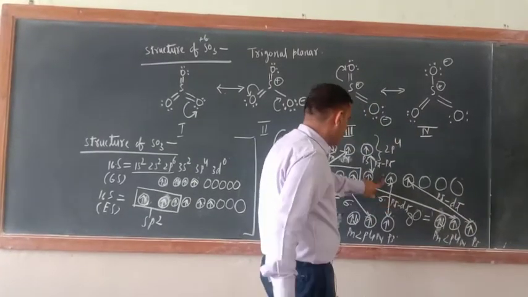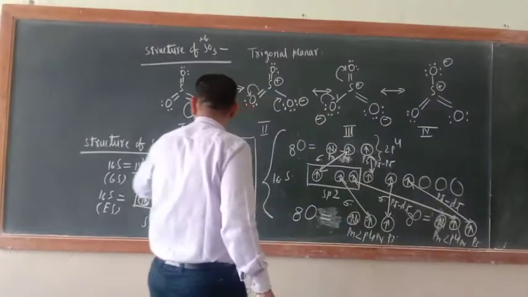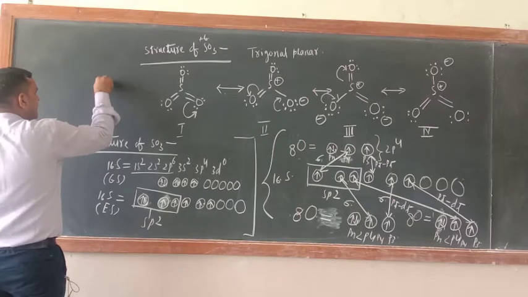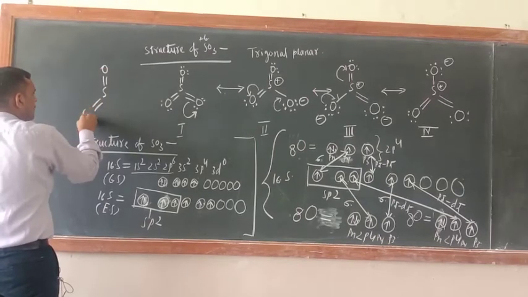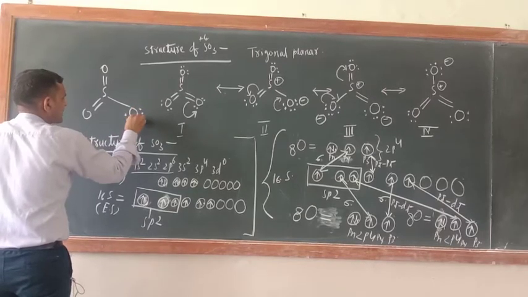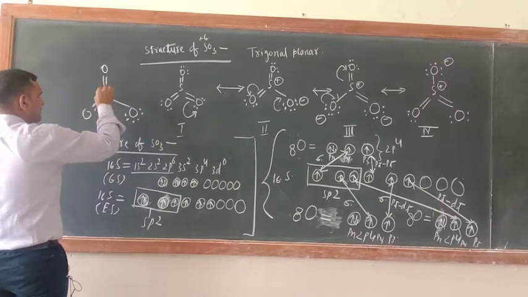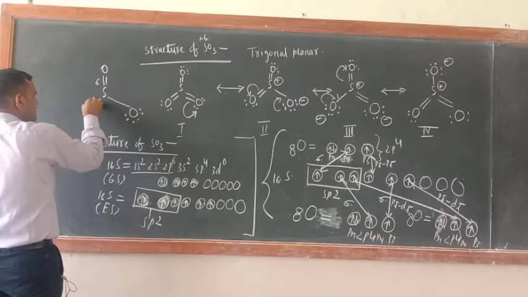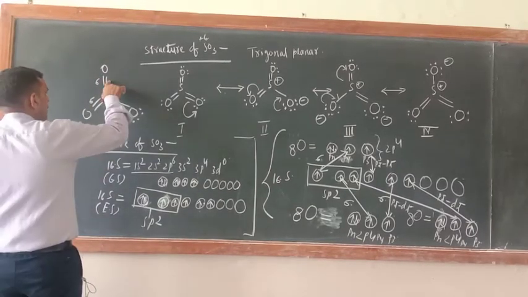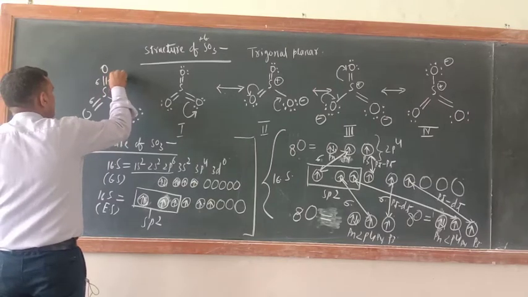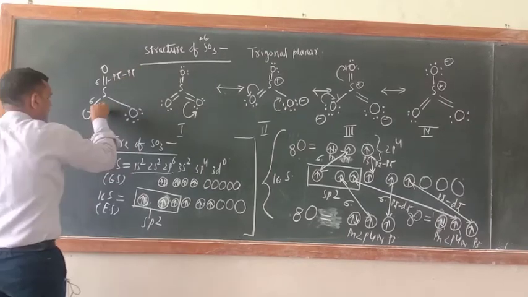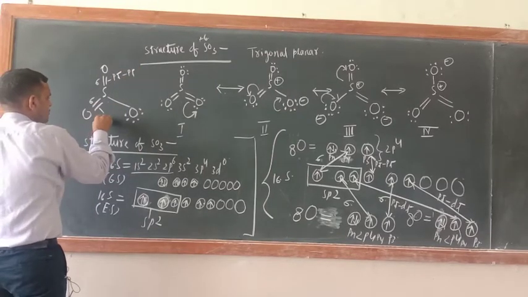So just see. Now I will make the structure here, SO3. Yes, a double bond O, single bond O. Here 2, 4, 6. Correct? So this is sigma, this is sigma. Now this is P pi. What about this one? This is also P pi.